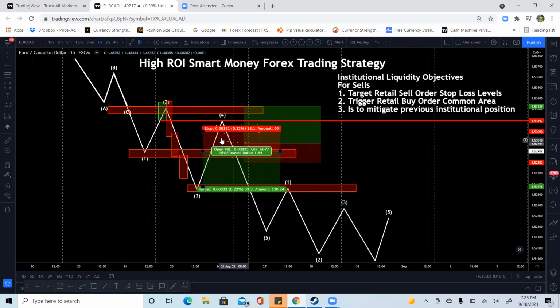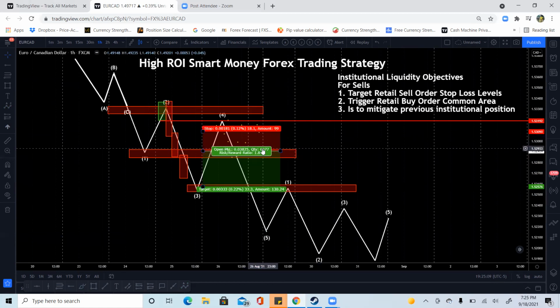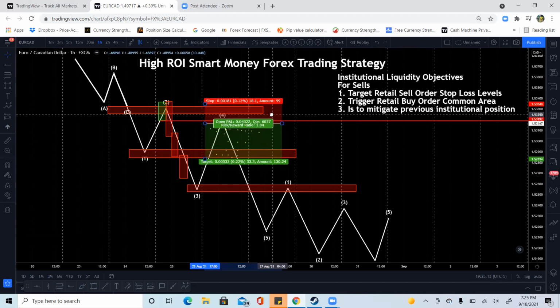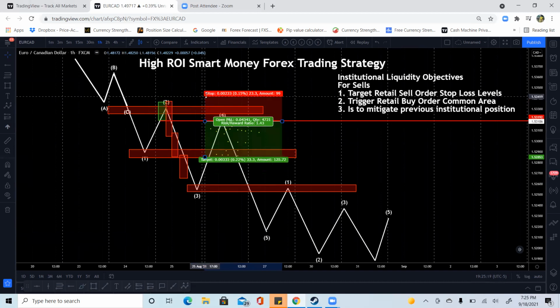So now if you're placing your sell trade up here, let's say you're trading with the institutions, which is the goal. Normally, what do they teach you? To have your stop loss above the last high. A lot of times it may not be the most recent high, but the last high.